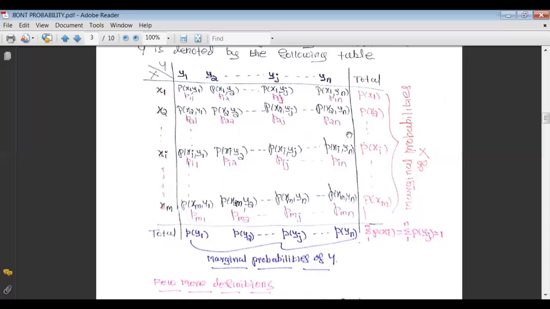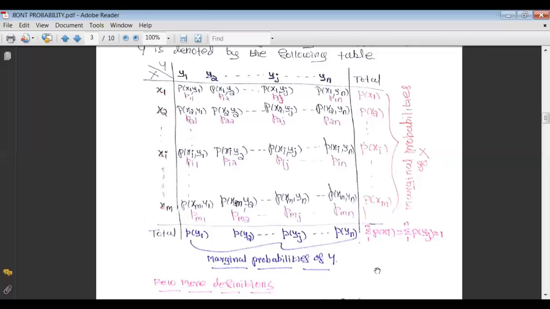P of yn represents the probability that y takes the value yn. Each of these, P of y1, P of y2, and so on, P of yn, is called a marginal probability of y. Here also the total of the marginal probabilities equals 1.